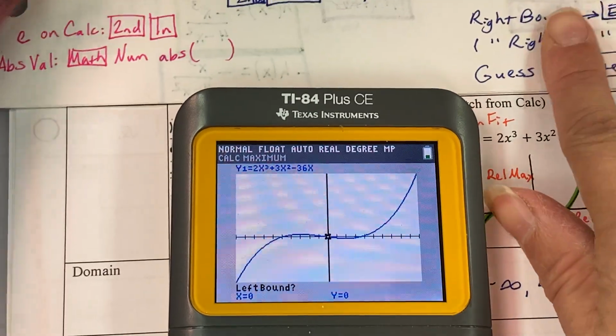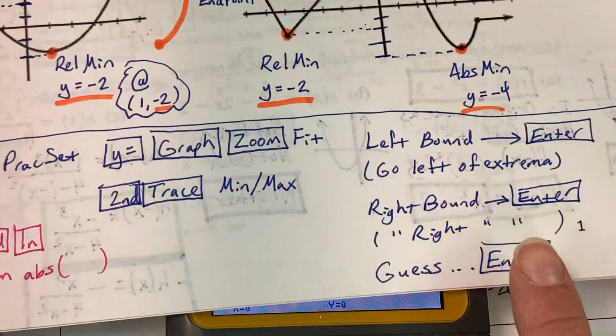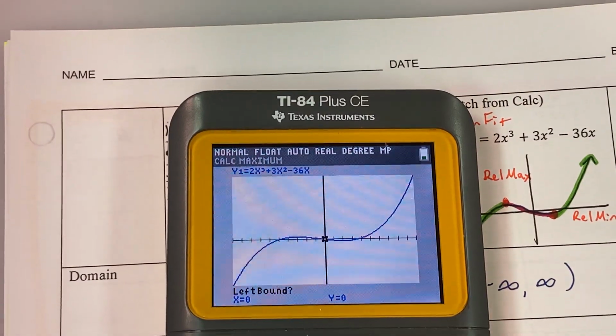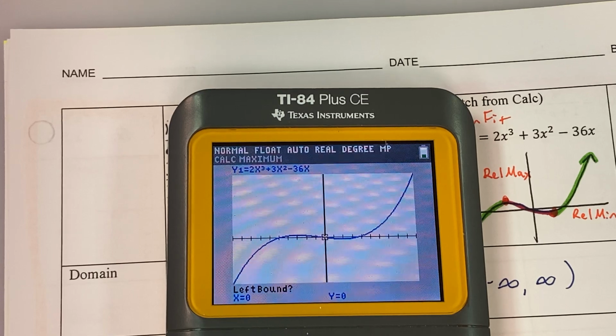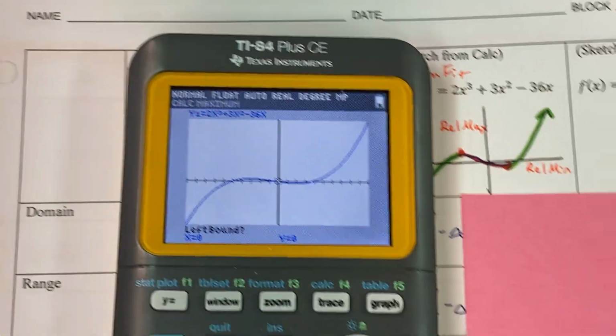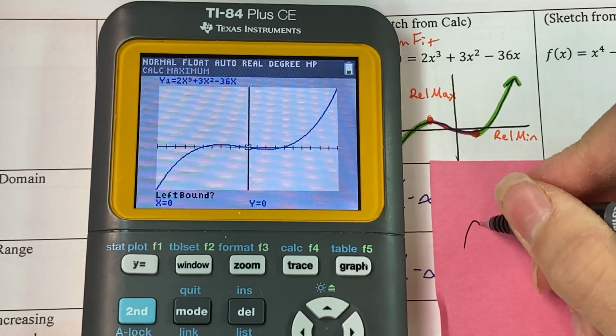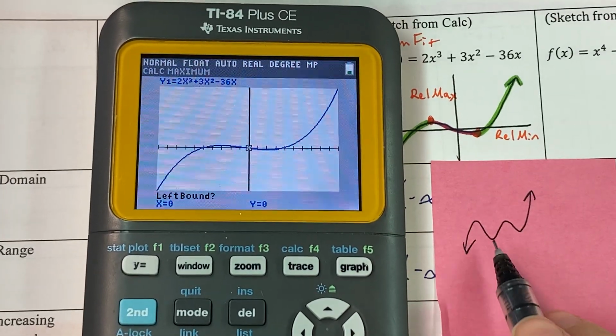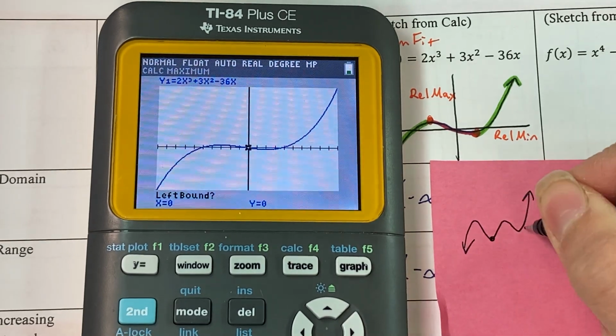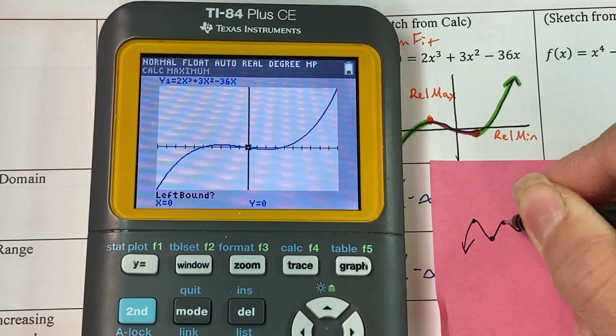And now it asks these prompts of left bound, right bound, and the guess. Now, for this, folks, the reason why it's asking these prompts is because your calculator is only as smart as the input that we give it. So if I have a graph like this, this graph has multiple relative minimums and multiple relative maximums.